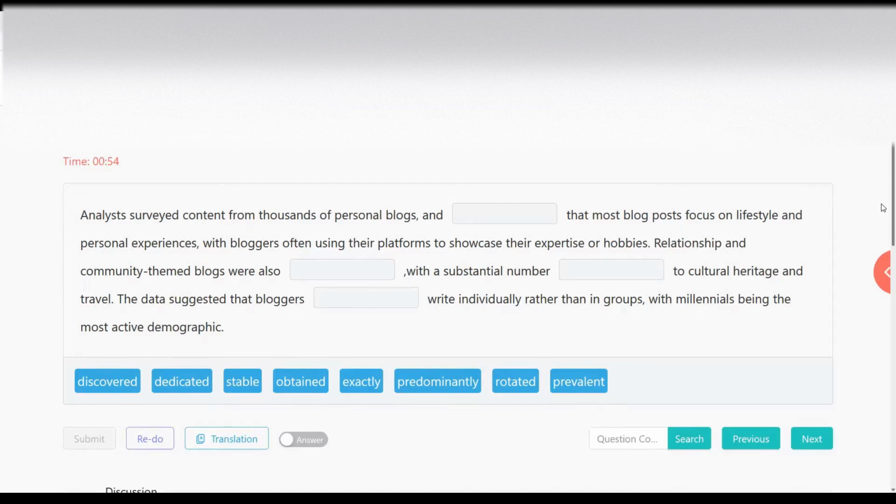So, coming to this, usually the answers are already present in your fill in the blanks reading section. So it is very easy for you to first eliminate all the inappropriate options. That way, you can easily get the correct answer.